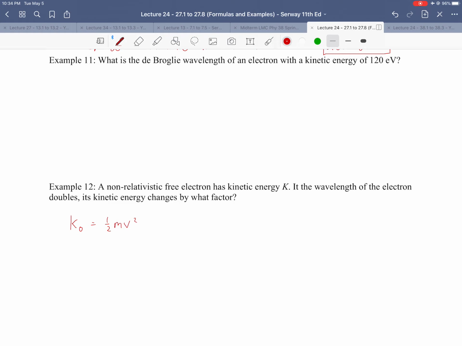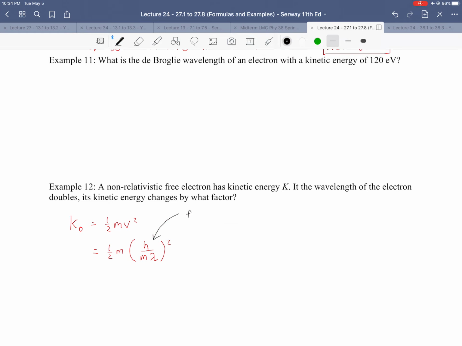I'm just going to do a straightforward substitution where I replace v with everything that it's equal to based on the de Broglie wavelength formula. So what would that look like? I'd still have my 1/2 m, but my v would become h over m lambda, and that would still be squared. And where does that come from?